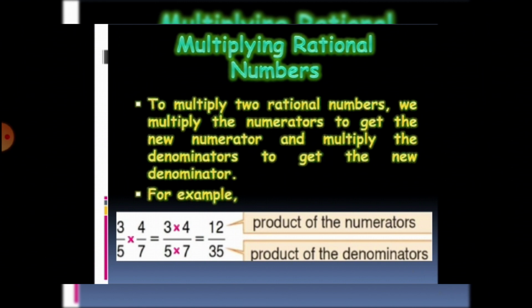To multiply two rational numbers, we multiply the numerators to get the new numerator and multiply the denominators to get the new denominator. For example, when you are multiplying 3 by 5 into 4 by 7, what do we do? We multiply 3 into 4 in the numerator and 5 into 7 in the denominator. And the answer will be 12 by 35, which is product of numerators by product of denominators.